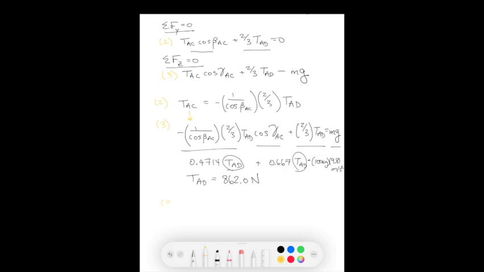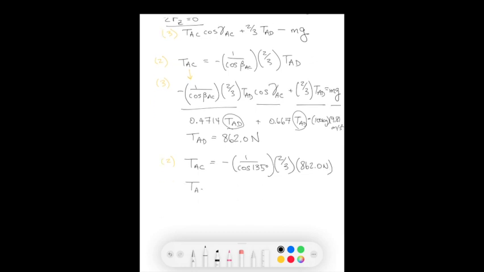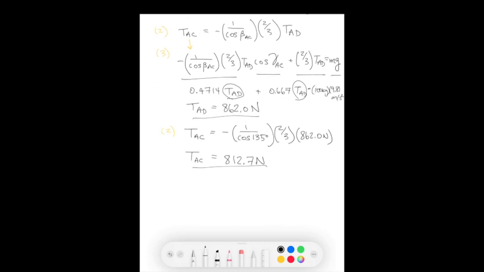Now I'm going to bring that information back to equation 2, and I can solve for that. I see that now I have two of the values. I'm only looking for one more. So I can finally go back to equation 1. Equation 1 tells us the force in the spring is equal to 1 over 3 TAD.